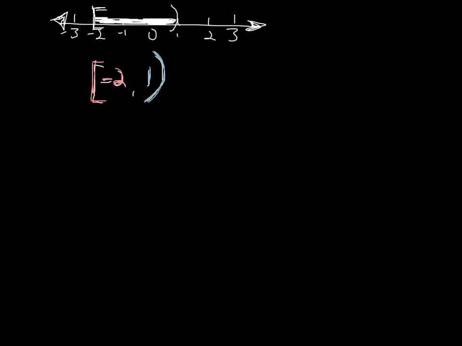So let's write that. X is greater than or equal to -2, and x is less than 1. And how do we write and? The N for intersection.